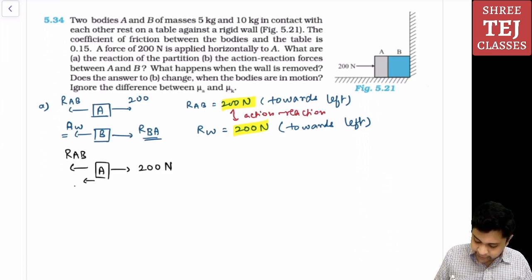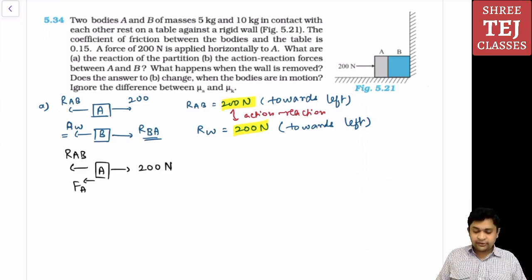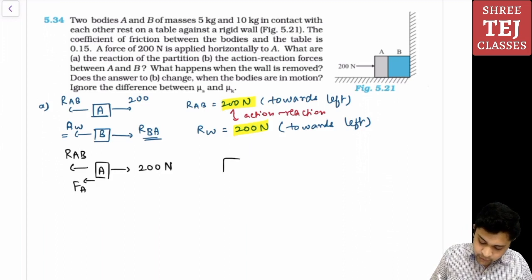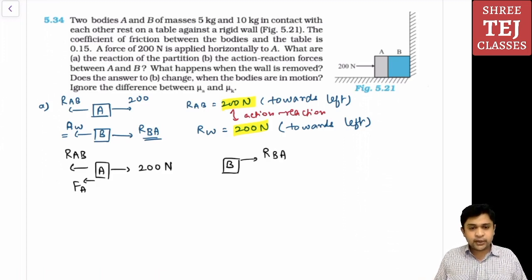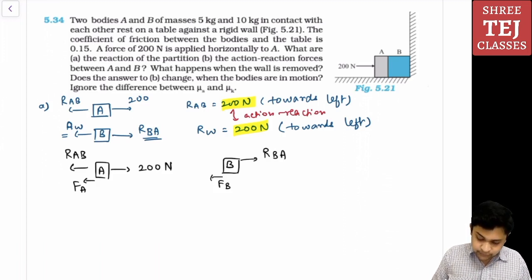Let us call it FA, frictional force FA. For object B, we will have reaction on B due to A, and frictional force FB.